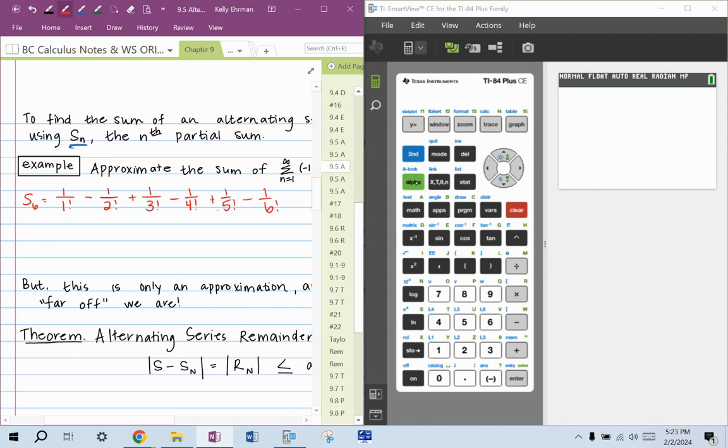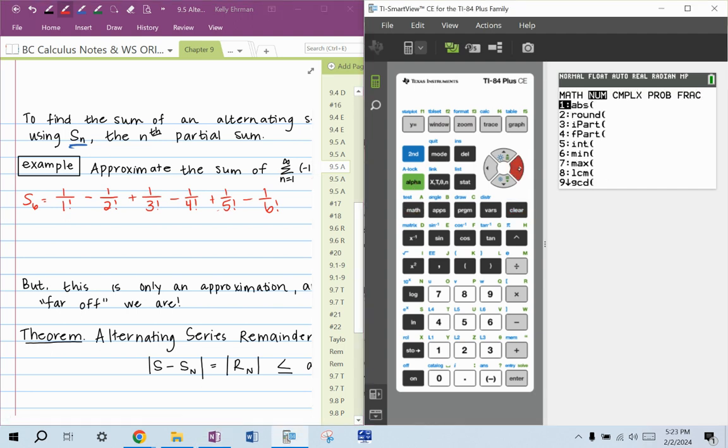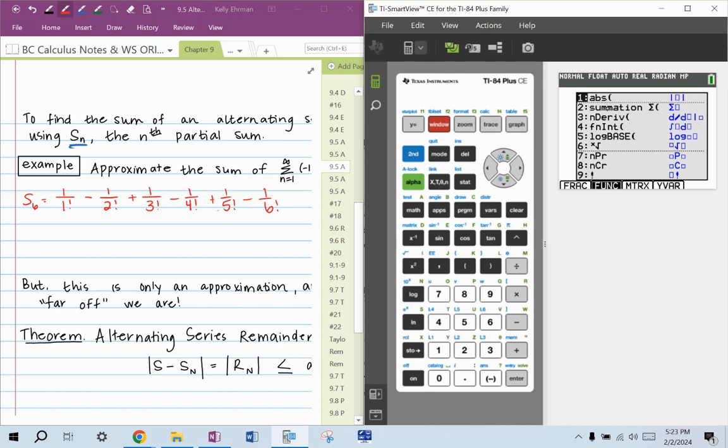But even so, you can either go to math and over to probability, and then it's down here. Or there are a lot of shortcuts if your calculator's newer and you press alpha and any one of these buttons. So it's alpha window, and there's all kinds of little shortcuts here. Absolute value, derivative, summation we could probably use at some point. But anyway, I'm looking for factorial.